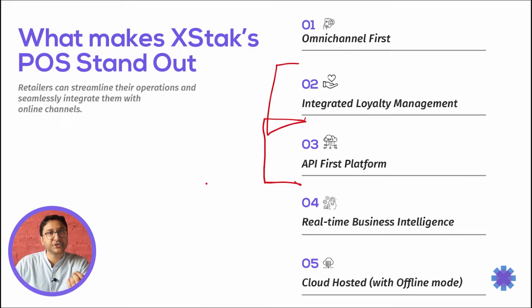As soon as transactions happen, they are available, and their analytics and metrics and derivative analytics and metrics are available on the real-time dashboard that XStak provides. So that is a key differentiator of how you can get omni-channel real-time business intelligence using our order management and our point of sale. And then obviously, because we're cloud hosted, we can offer all these real-time experiences.